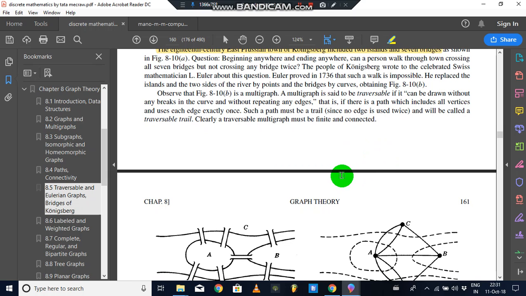So what did Euler do? He replaced the islands and two sides of the river by points and bridges by curves. So he just made a graph. Here you can see this is the multigraph.